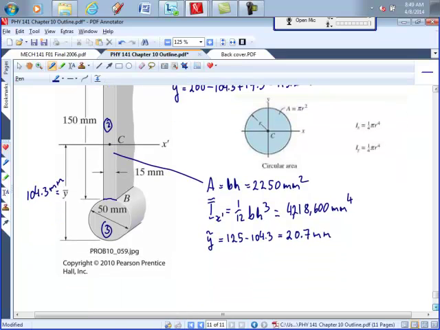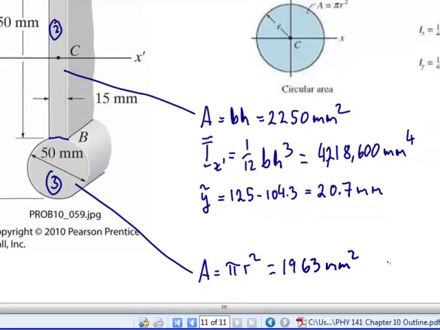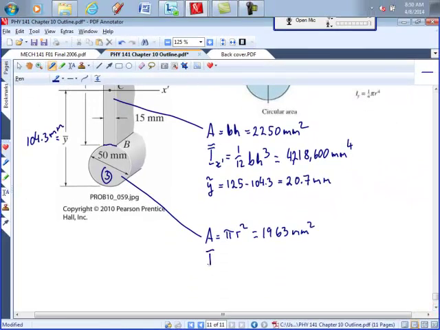All right, and then our third shape is another circle, pi r squared. This time the radius is 25 millimeters. 1,963 millimeters squared. Moment of inertia about its centroid x-axis is 1/4 pi r to the 4, same as the other one.